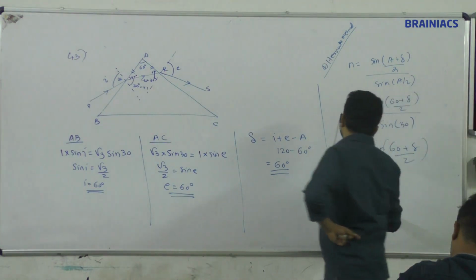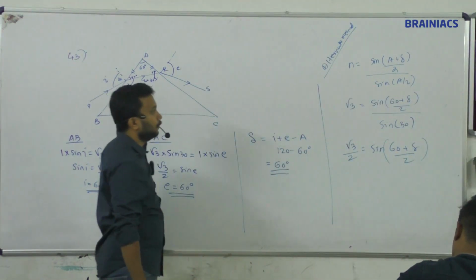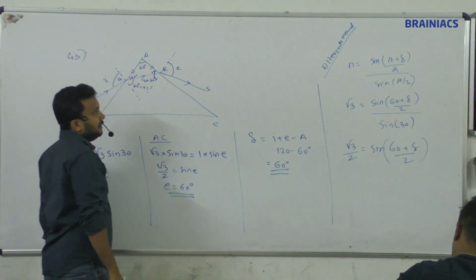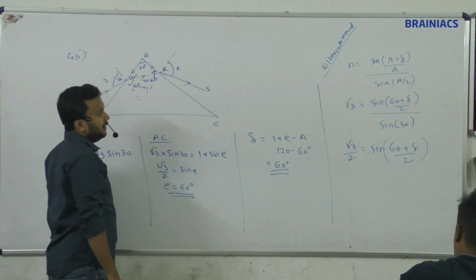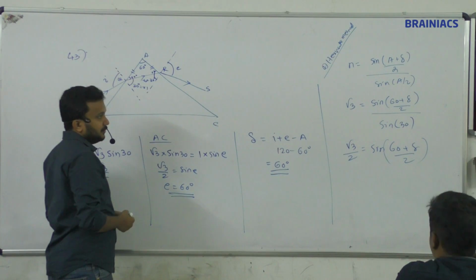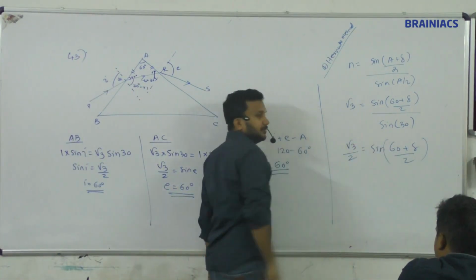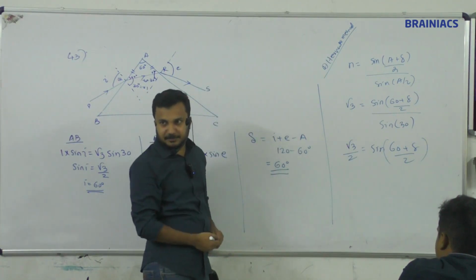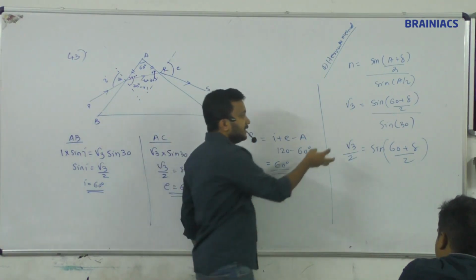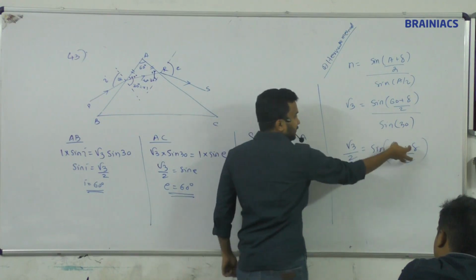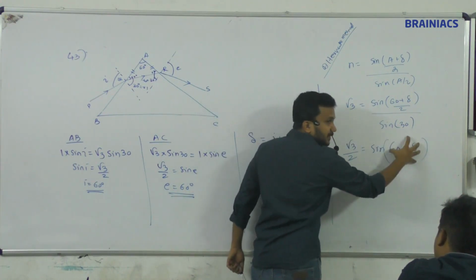So how to do this one? Sine of (60 plus delta) divided by 2, we applied the values. So for which value of sine will this come as √3 by 2? 60 degree. When sine 60 comes, the whole angle should be 60 degree.